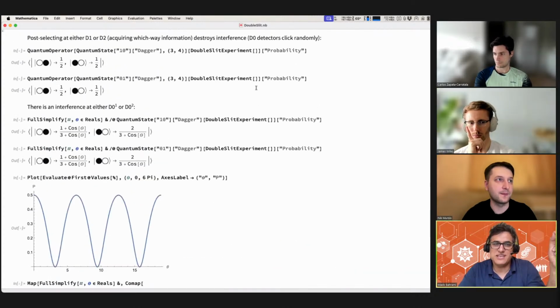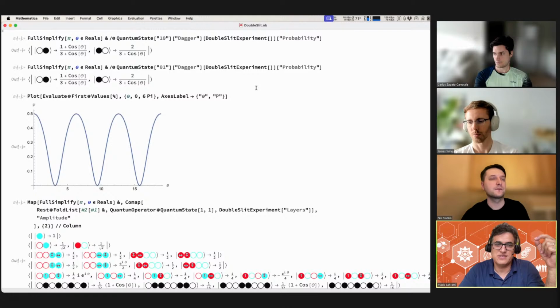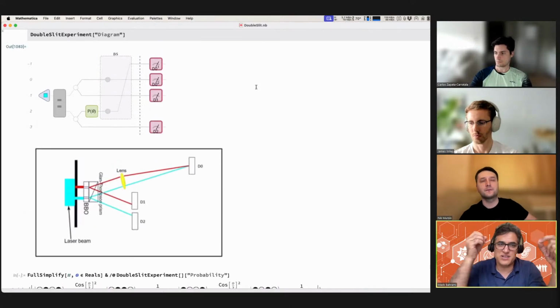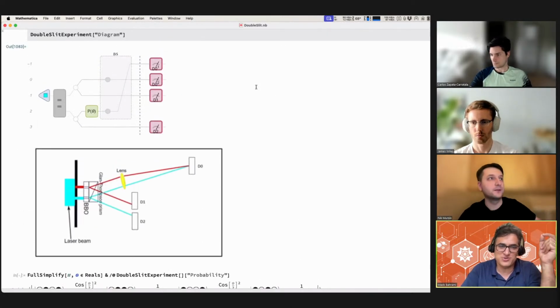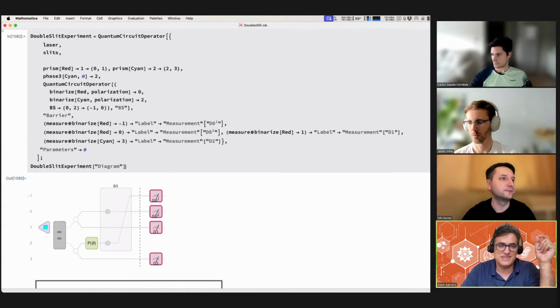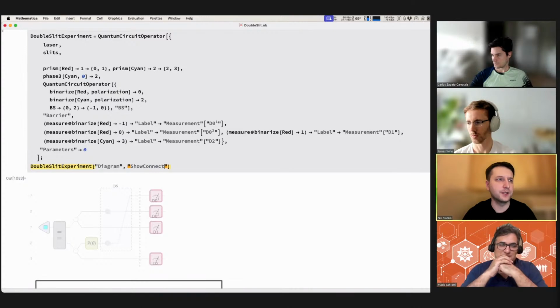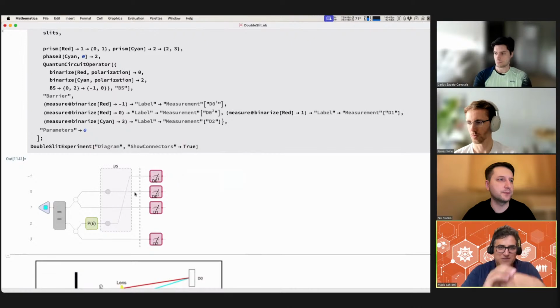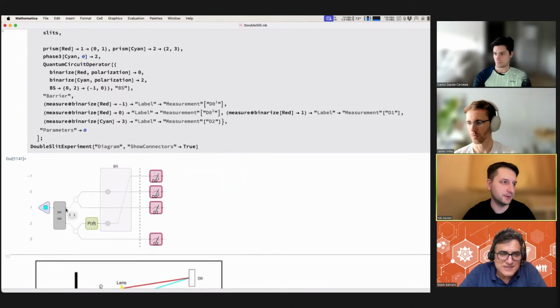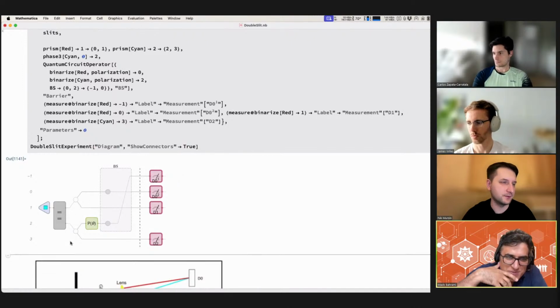Nick, for clarity, can you show the connectors in the diagram so people can see them? Oh, you see them here. So do we see it on the beam splitter?